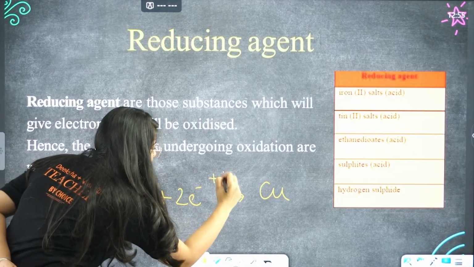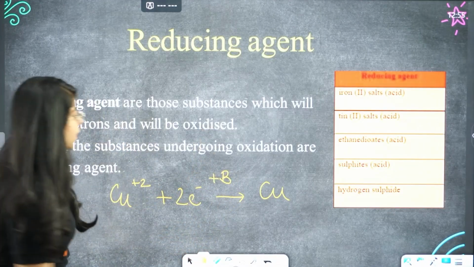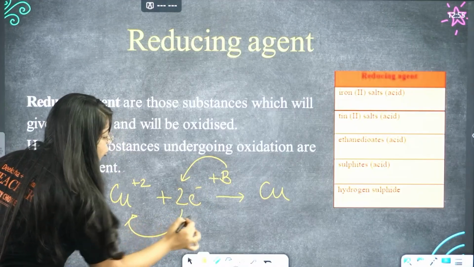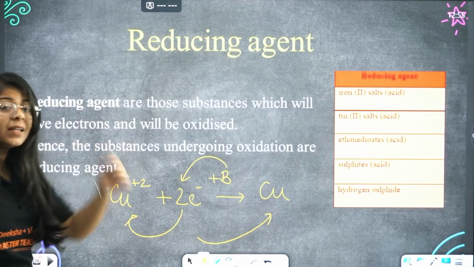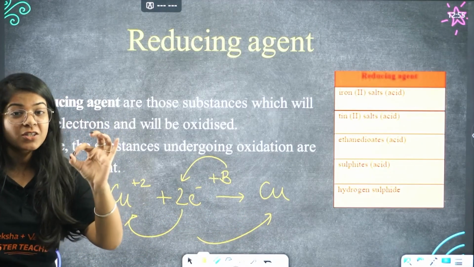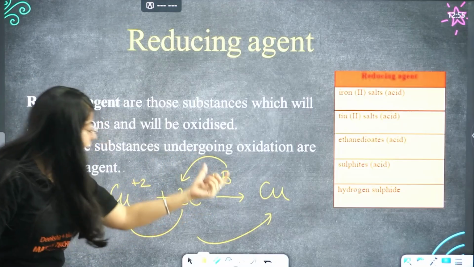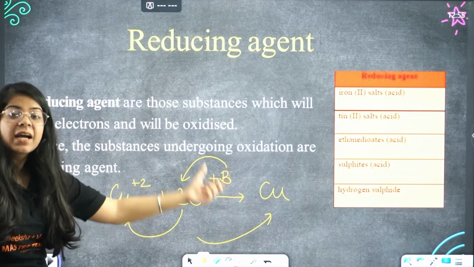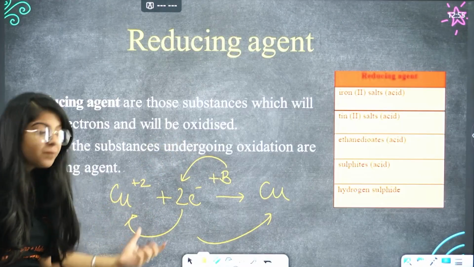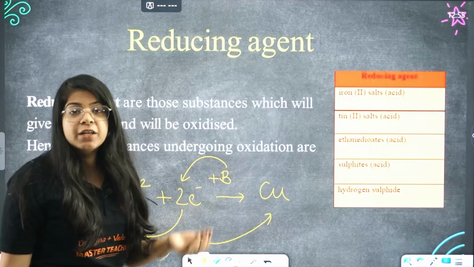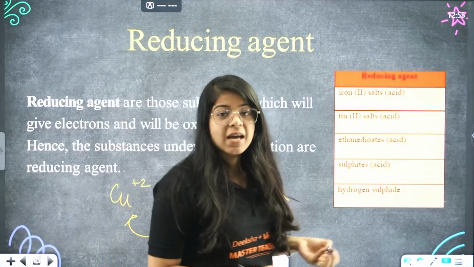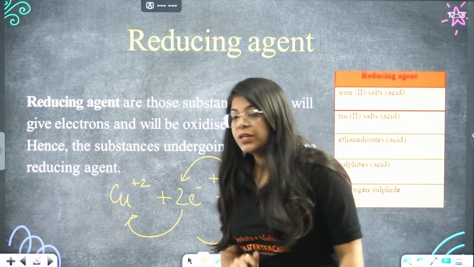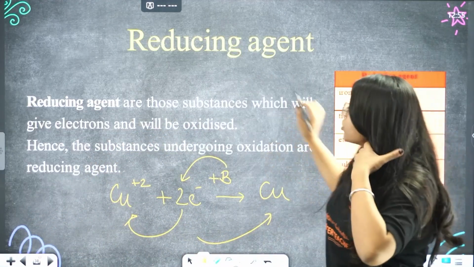Let's say we added another substance B. So this B gave 2 electrons to Cu to make it zero oxidation state. So this B reduced copper. This B made reduction happen with copper. That is why B is a reducing agent. Any substance that reduces another substance is called a reducing agent, or which will give electrons.